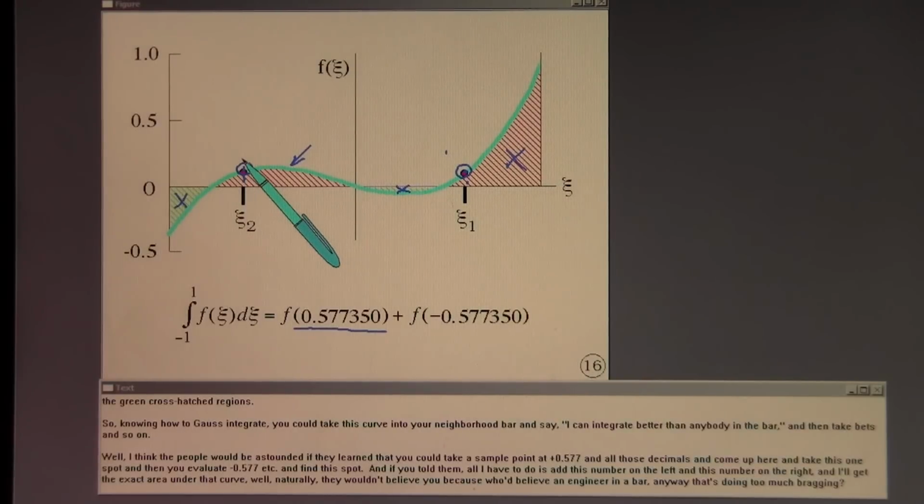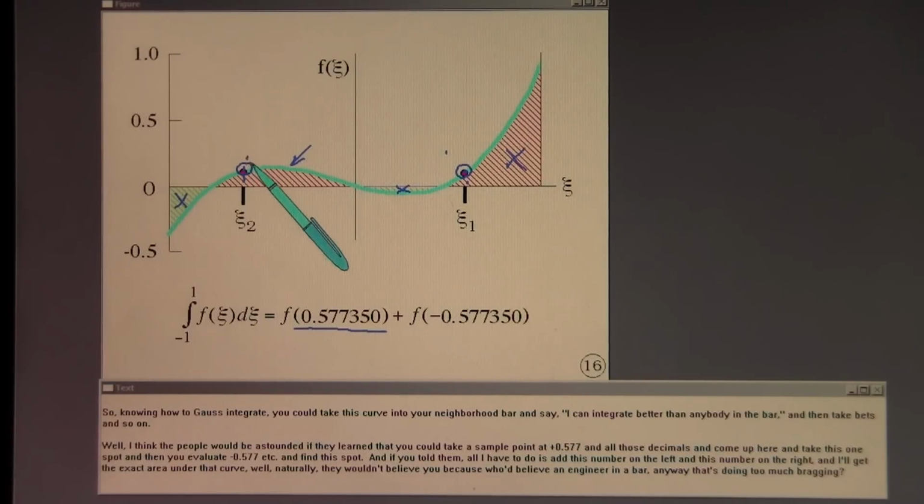And if you told them, all I have to do is add this number on the left and this number on the right, and I'll get the exact area under that curve. Well, naturally, they wouldn't believe you, because who'd believe an engineer in a bar anyway that's doing too much bragging?